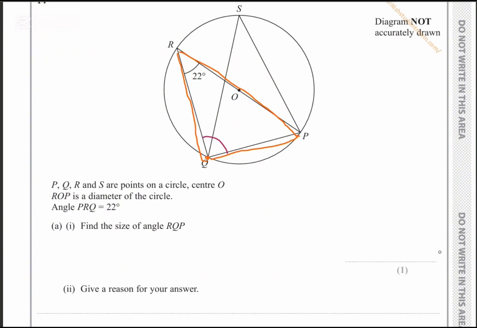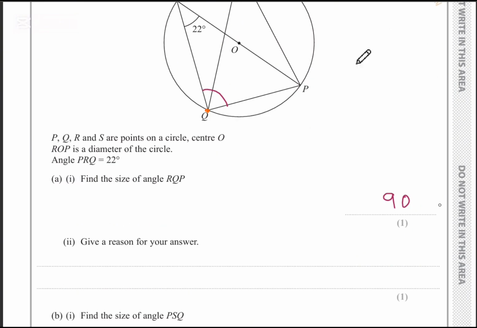So my answer here would be, I'll get rid of this, I have to say that the angle here is 90 degrees, and the reason would be angle at a semicircle.